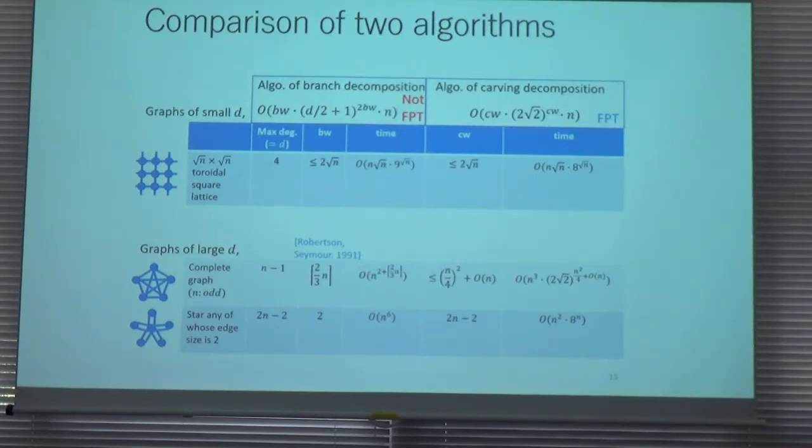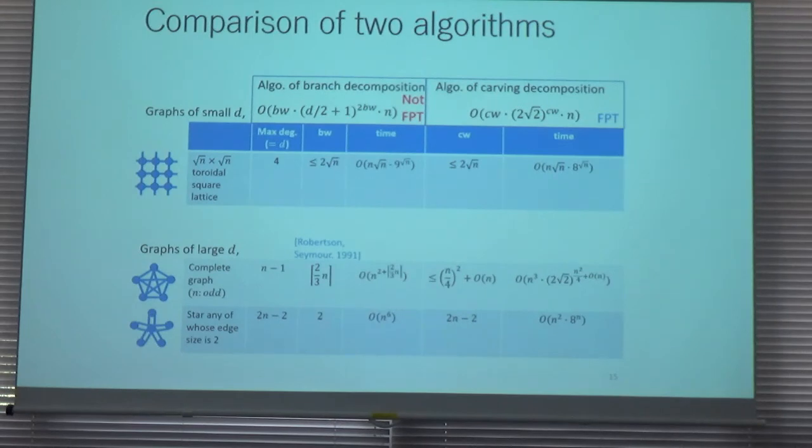However, when the graph's maximum degree becomes large, our algorithm requires much more time, and it even becomes the worst case when the input graph is a star. However, our algorithm only uses one parameter, so in this sense, our algorithm is FPT.